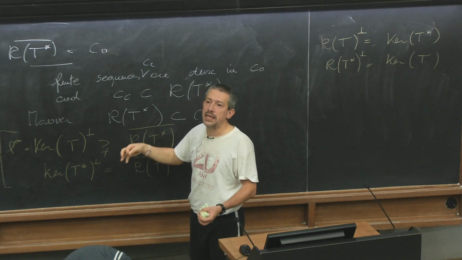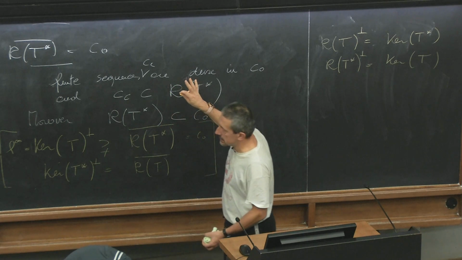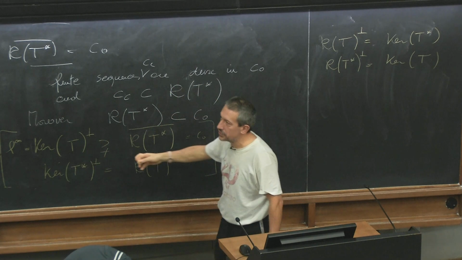Well, in reflexive spaces, we could get it. And so the exercise is an example where the inclusion is really strict.